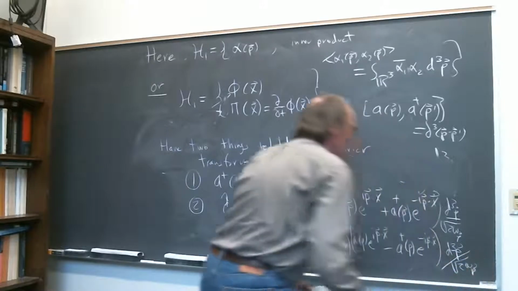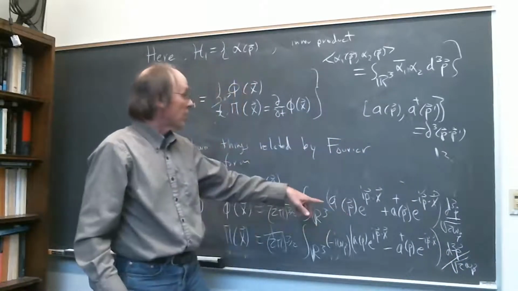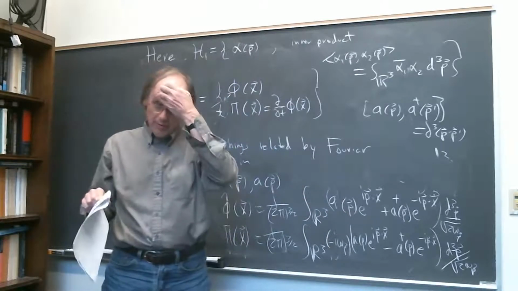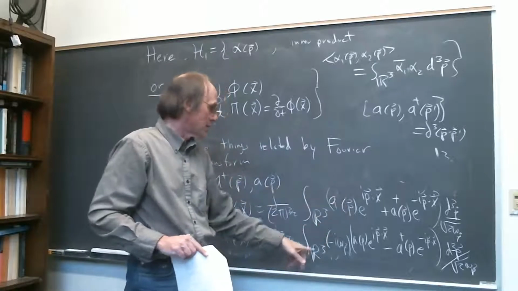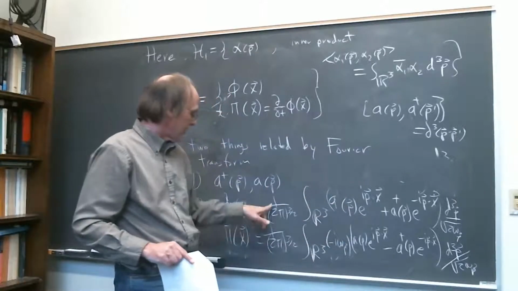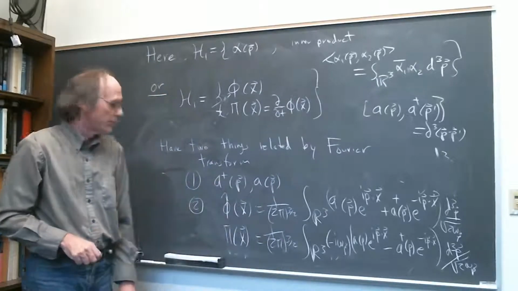Okay, so I hope you can read this. This guy is what you get by taking that formula I wrote down for the field operator at all times, evaluating at T equal to 0. This is what you get by taking the time derivative of that and evaluating at T equal to 0.